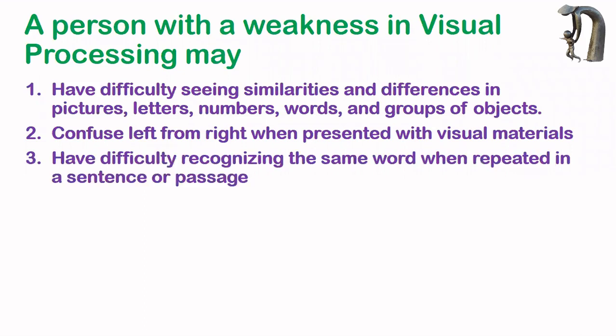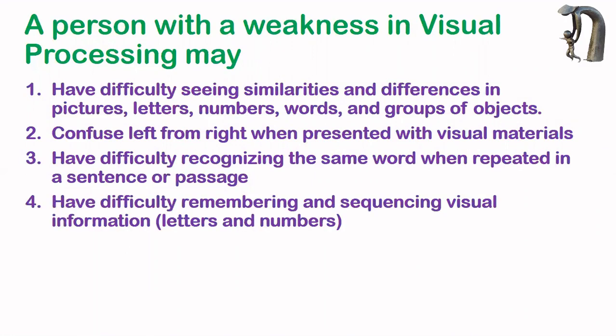They may also have difficulty recognizing the same words when repeated in a sentence. You give the word individually, and when the child sees it in a sentence, he may face difficulty. Then there is difficulty remembering the sequence and sequencing visual information. It might be letters, numbers, symbols, or some other objects.